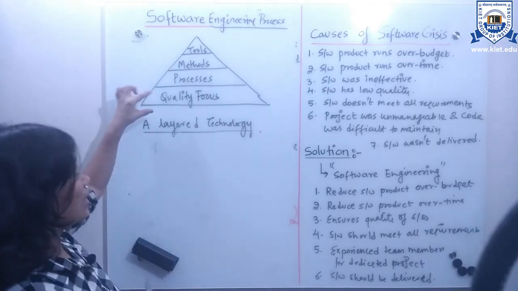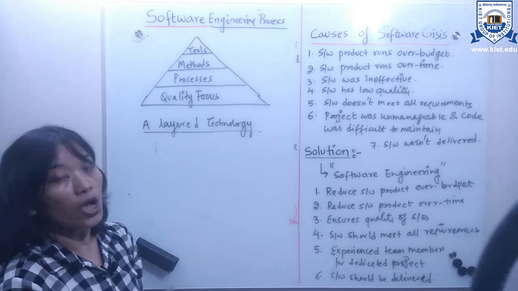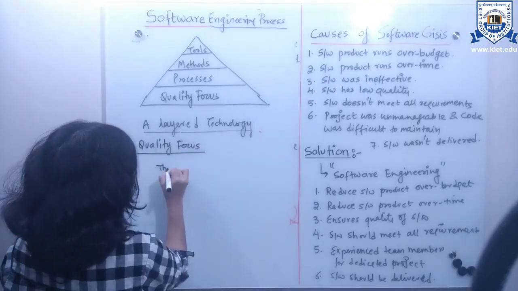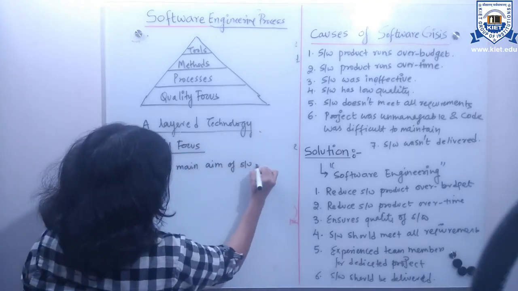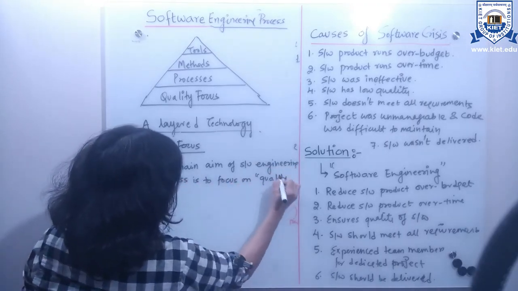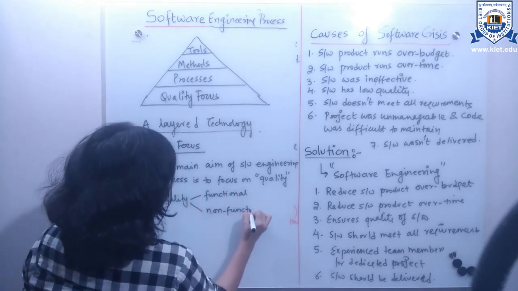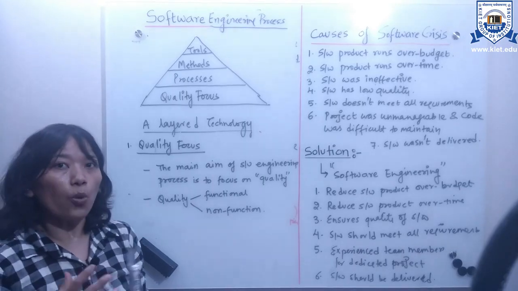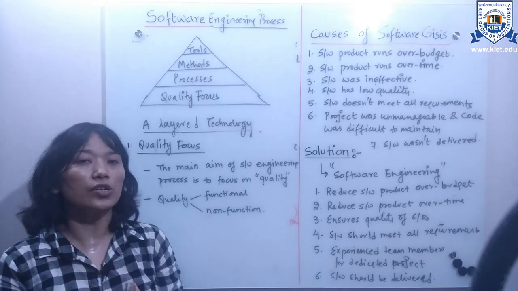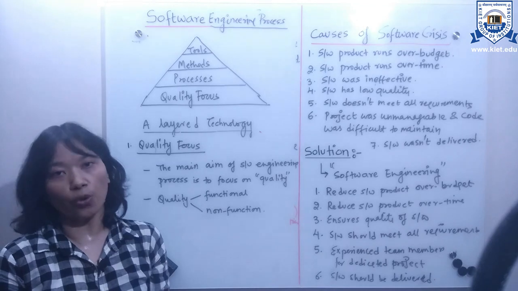So I will explain each and every layer one by one. The first one is quality focus. Under quality focus, we know that the main aim of the software engineering process is to ensure quality.